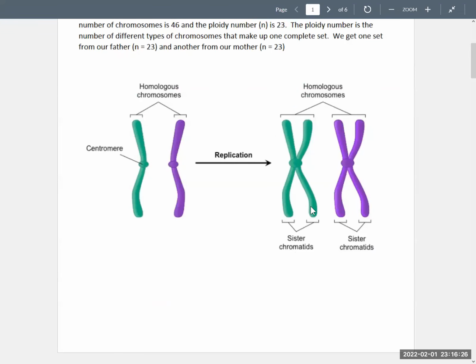And in meiosis, the male and the female chromosomes that are homologous. That means, for instance, the ace of spades, the ace of hearts, the king of spades, the king of hearts.